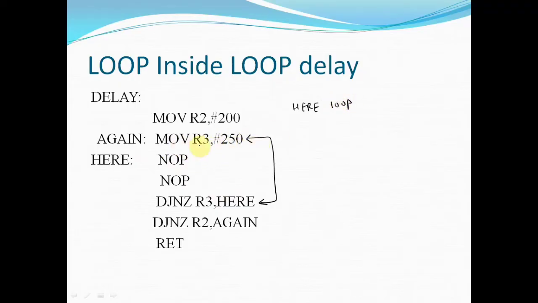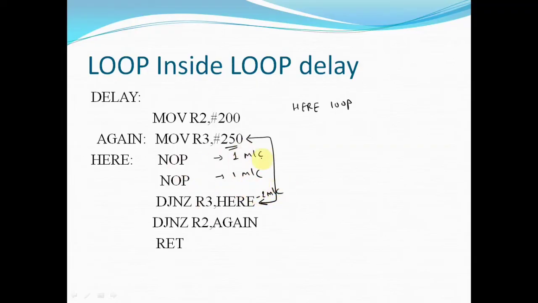First we will calculate this. Here MOV R3, #250 is nothing but a count value which is loaded into R3. There are two NOP instructions and the last instruction is DJNZ R3. So these three instructions, NOP, NOP and DJNZ, are going to execute 250 times. The NOP requires one machine cycle and DJNZ requires two machine cycles.